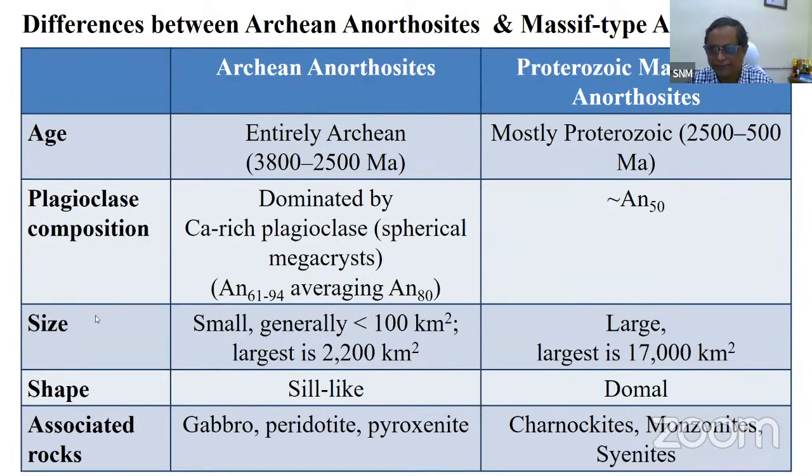That's why the term massive has come in, and they are known as massive type anorthosite. Archean anorthosites are associated with gabbro, peridotite, pyroxenite, pyroxene or olivine-rich rocks, whereas Proterozoic anorthosites are associated with rocks like charnockite, monzonite, syenites, and other iron-rich rocks like ferrodiorite.